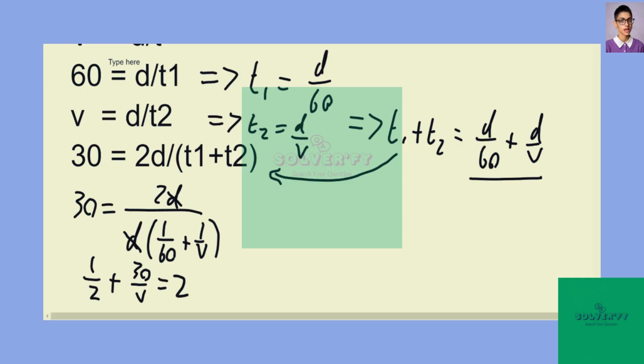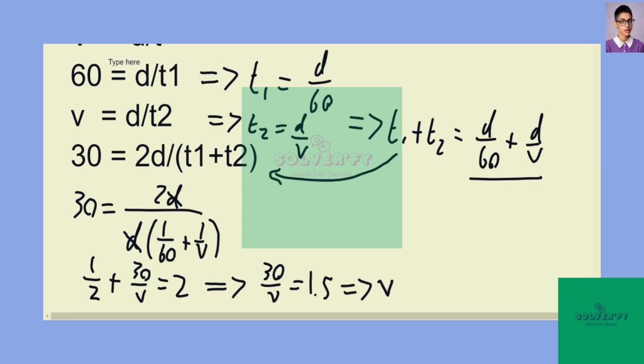So now we're going to subtract this half from both sides. And this leads to 30 over v is equal to 1.5. We're going to multiply v times both sides and then divide by 1.5.